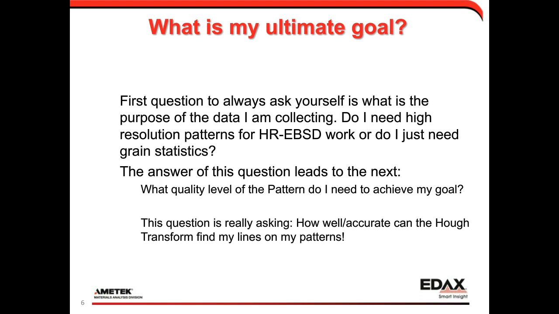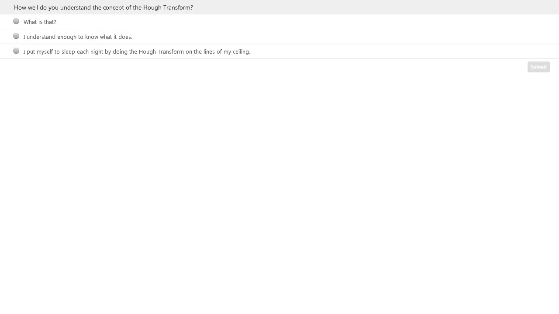The patterns that I'm seeing are not what the computer's seeing. This is the big disconnect between the human brain and how the computer thinks. The Hough is how the computer finds the lines. And with that comes our next question: how well do you understand the concept of the Hough transform?